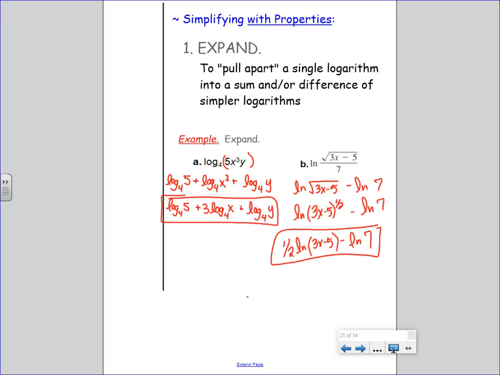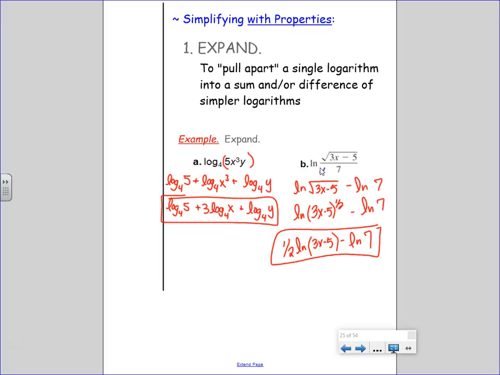There is no rule for subtraction inside a single log. You can look at your properties. That's not there. There's a property for multiplication inside a single log, division inside a single log, and raised to a power inside a single log, but no property for subtraction. You've got to stop. There's nothing else you can do. But it's still a lot simpler in the sense of what's inside the logarithms. It's a lot better than it was a second ago.